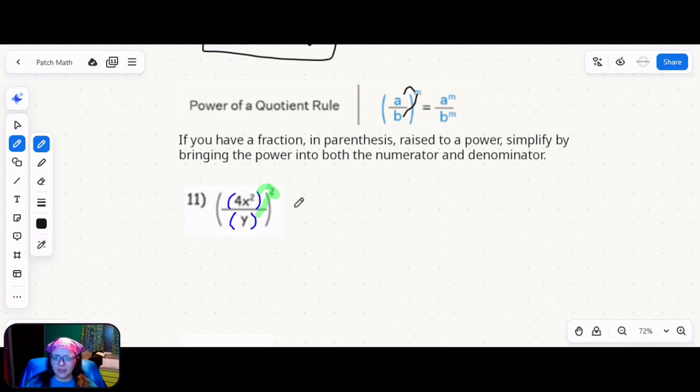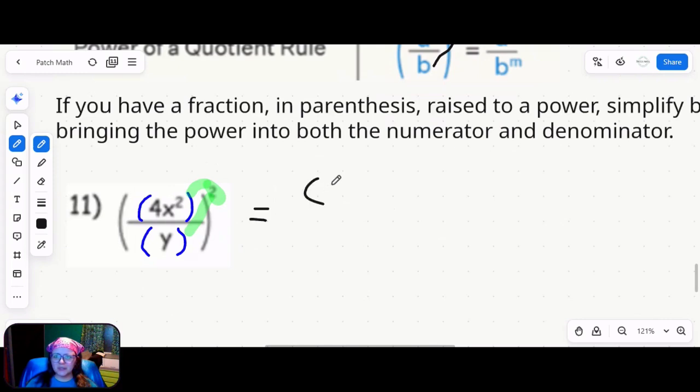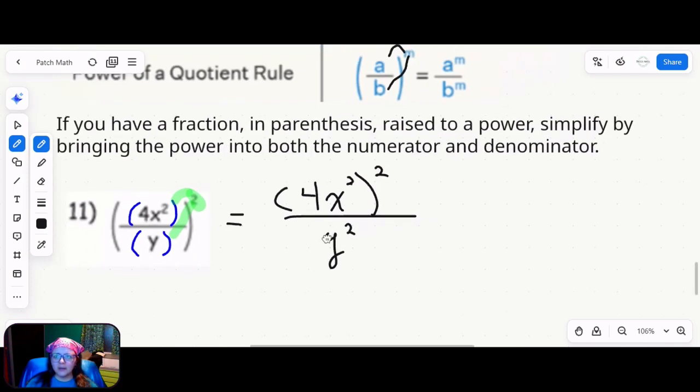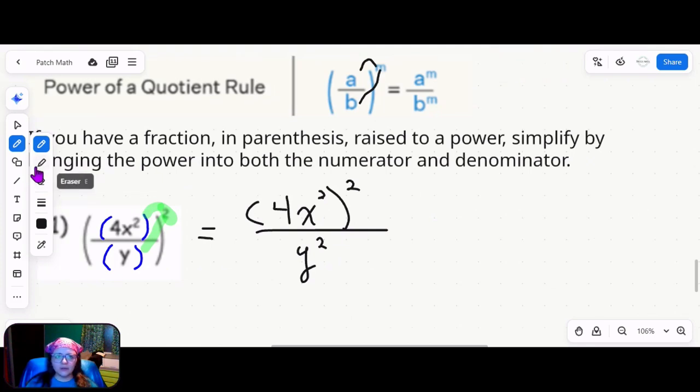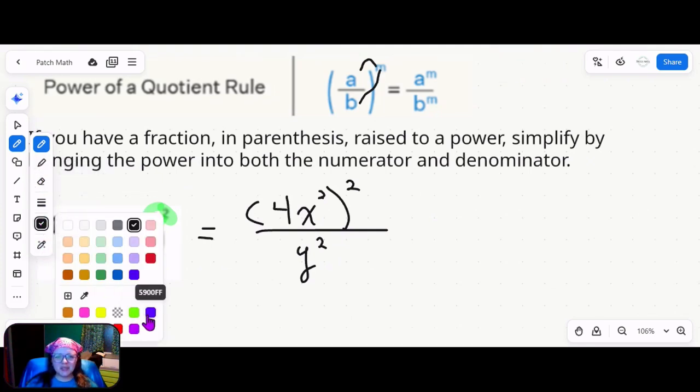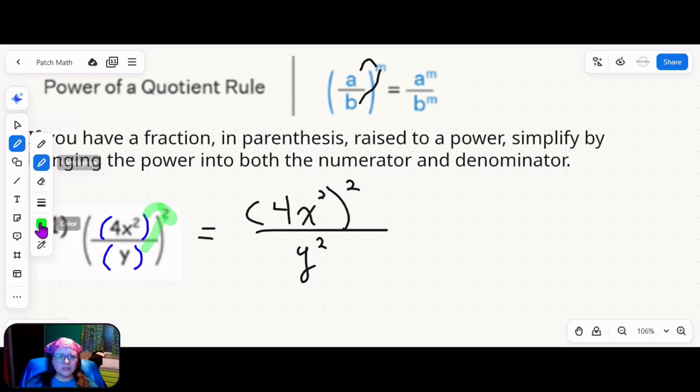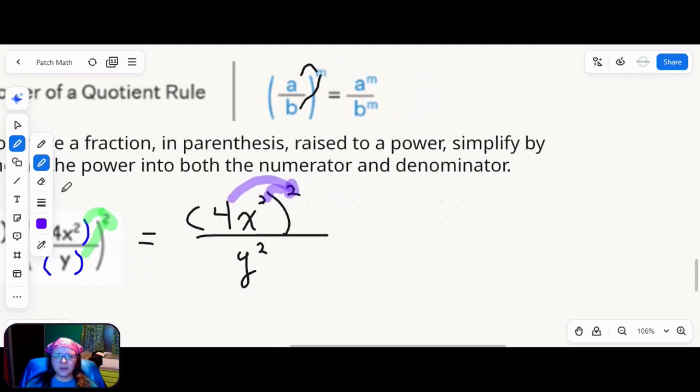Looking closely, that looks like 4x squared all over, well, there's only one factor in the denominator, so that's just y squared. Now you'll see the reason I needed that parentheses in the numerator is because this 2 has to come in as an exponent on that 4 and an exponent on that x squared.